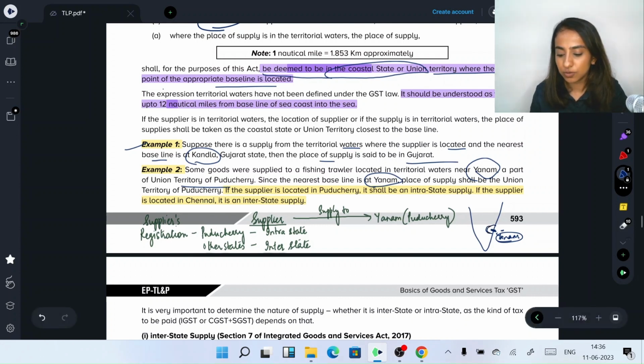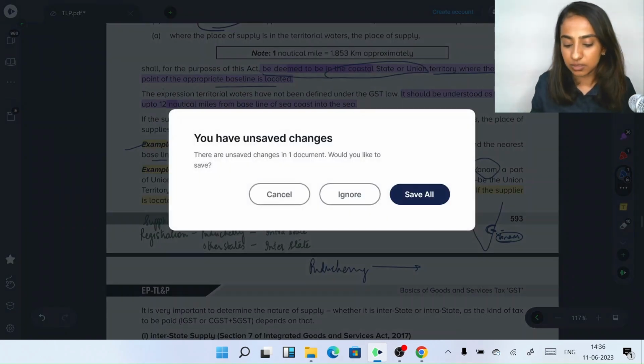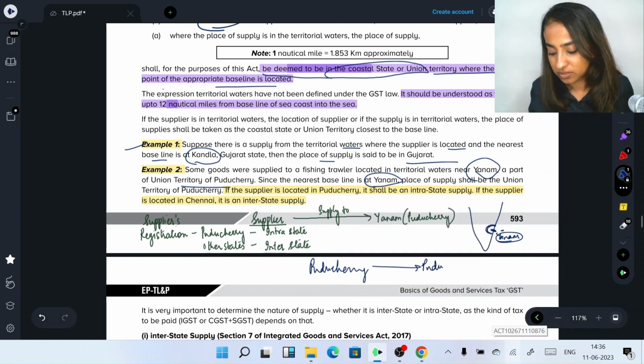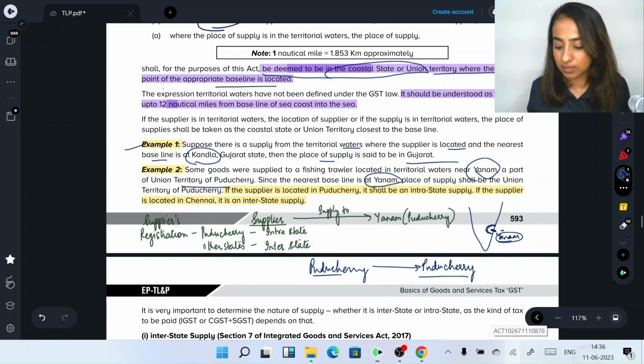So now we also spoke, if the supplier is registered in Puducherry itself, let's say he is a registered person of Puducherry, then since he is registered in Puducherry and he is supplying, the place of supply also will be Puducherry. Since these both are in the same union territory, UTGST and CGST will be applicable.